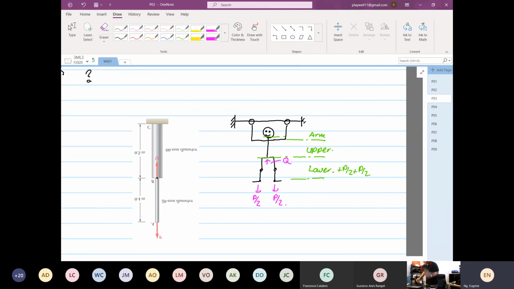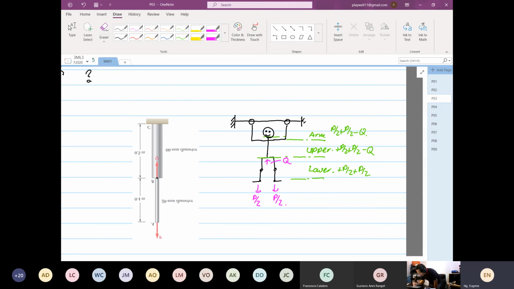But at the center, if I push you up, the upper can feel P/2 minus Q. The arm also can feel P/2 minus Q. Does that make sense? The hangman situation.